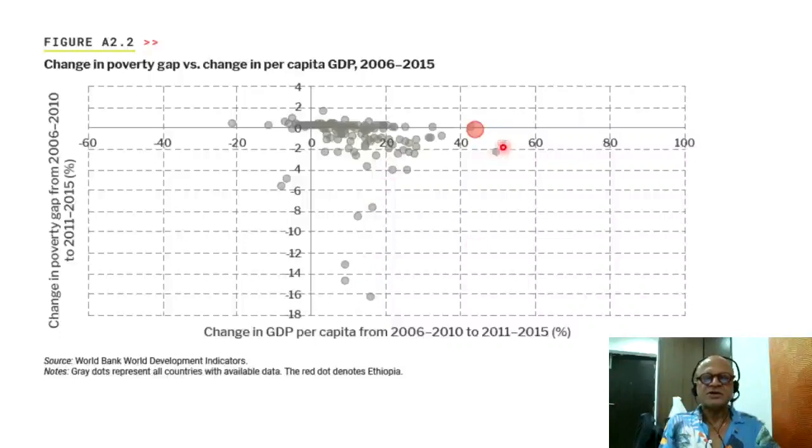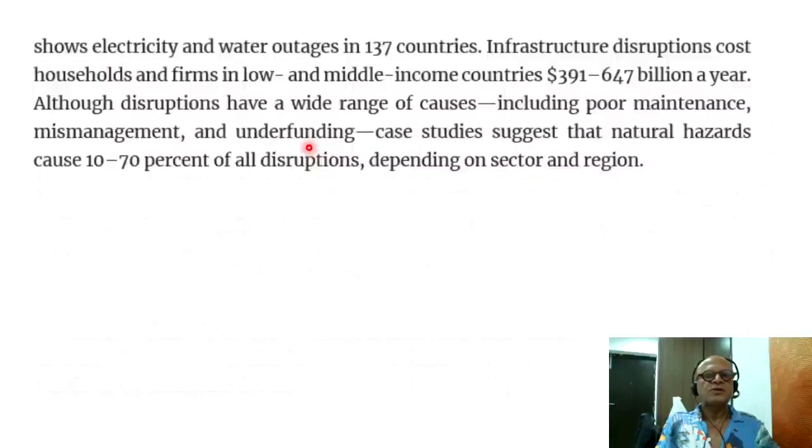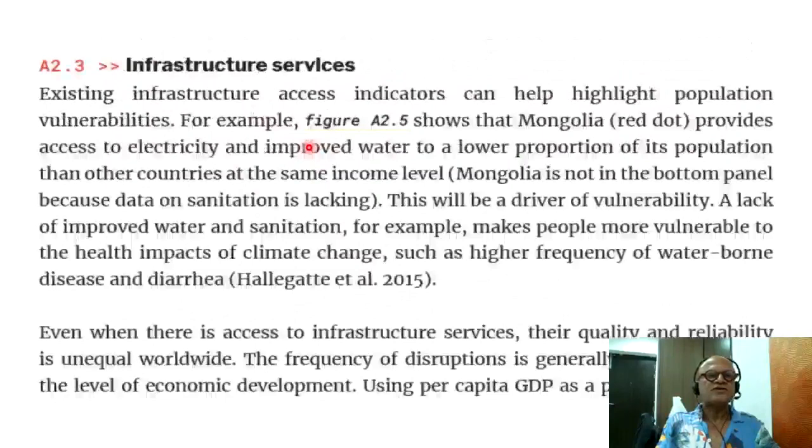And here is Ethiopia, which has changed its GDP per capita for the latter period to be over 40% in improvement, but it has not changed the poverty gap at all, which means it has left behind a lot of the people.